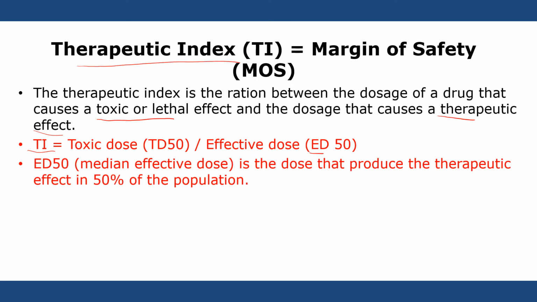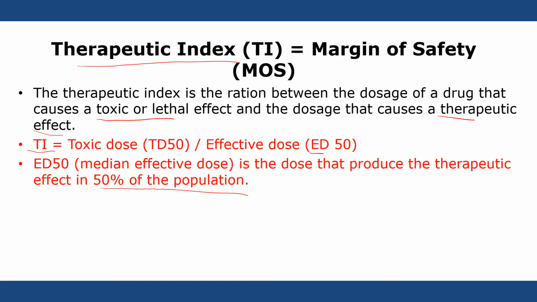ED50 means the median effective dose, the dose that produces the therapeutic effect in 50% of the population. They calculate that during preclinical trials when they are experimenting on animals. Let's say you have 10 rats that you're doing an experiment on.